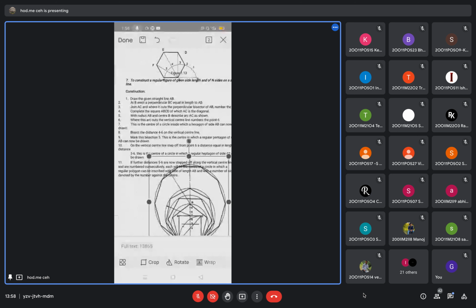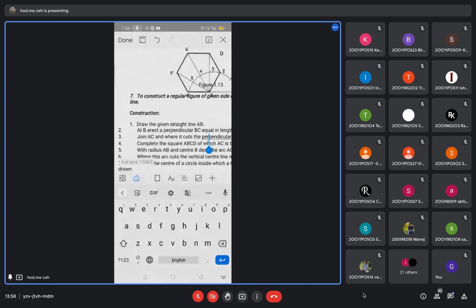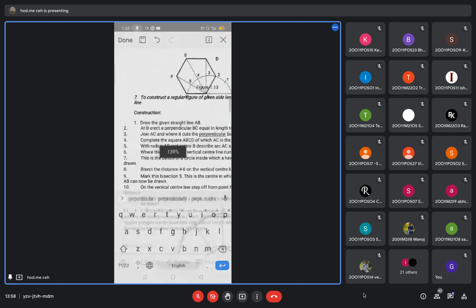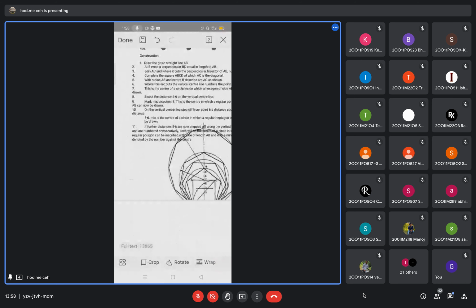Okay, see, 1, 2, 3, 4, 5 is the number of the parts cut by the perpendicular bisector. Okay, complete the square A, B, C, D, in which AC is a diagonal.